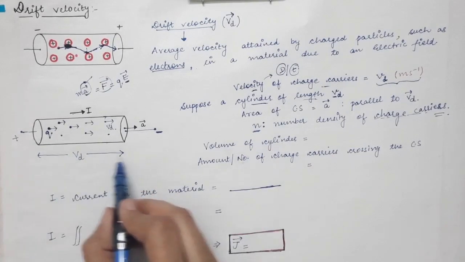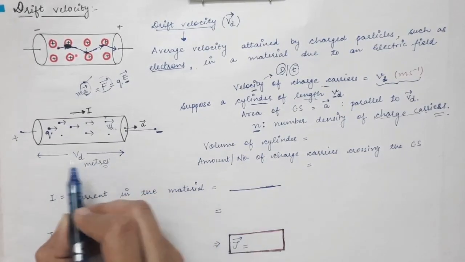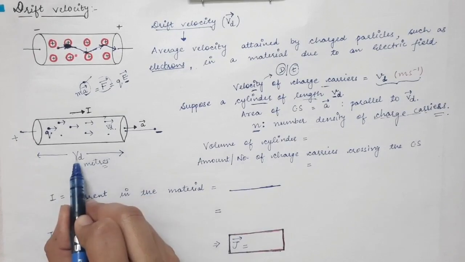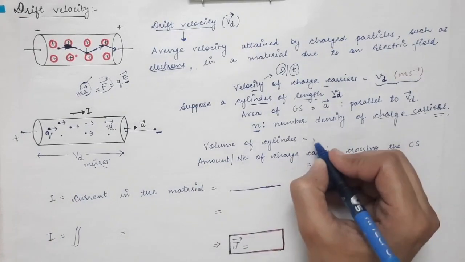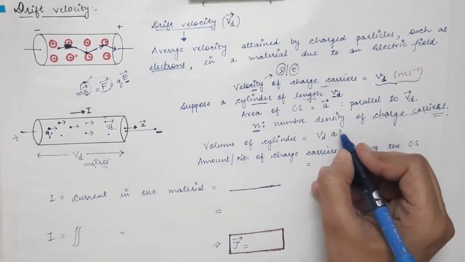So this distance is equal to VD meters, as I have already said. So the volume of the cylinder will be equal to VD into A, or you can say the magnitude of A vector.